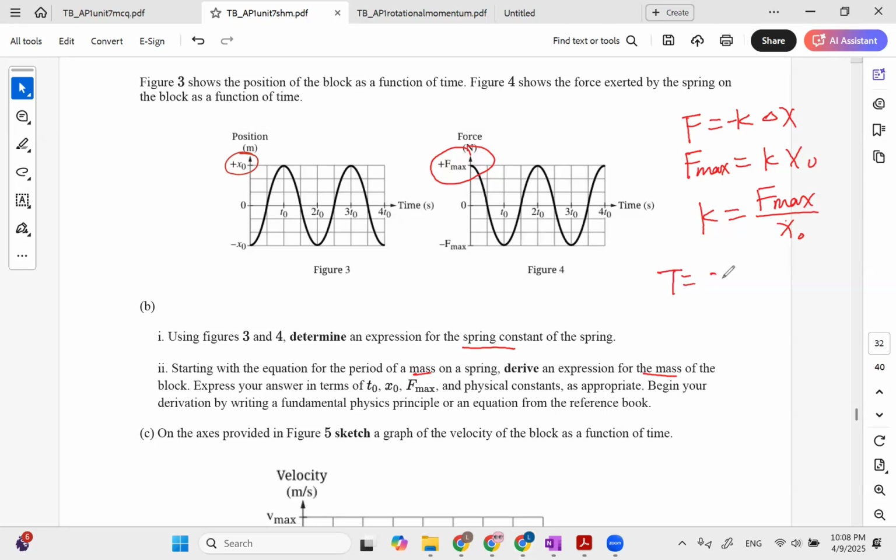So you use T equals 2 pi square root of m over k, right?